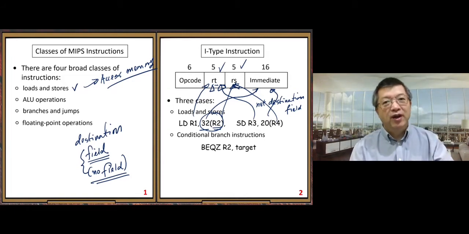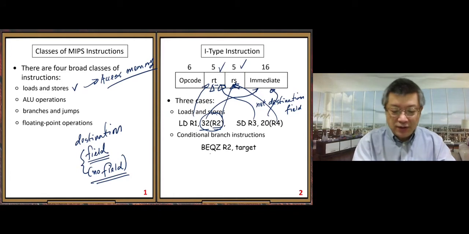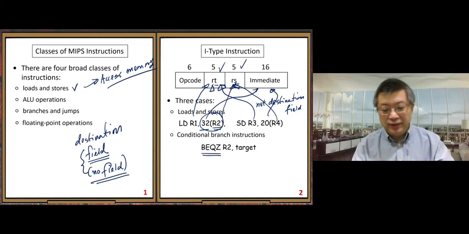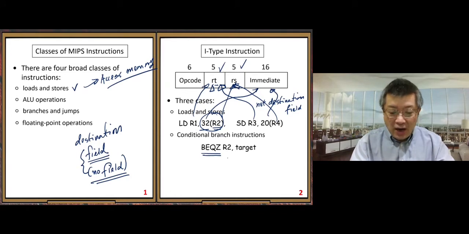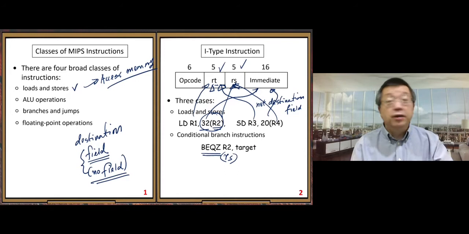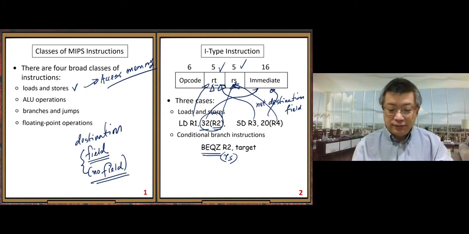We used BEQ before; this part is the opcode. Then R2, what's the R2? RS field. The RT field is 0, nothing, empty. Then target.